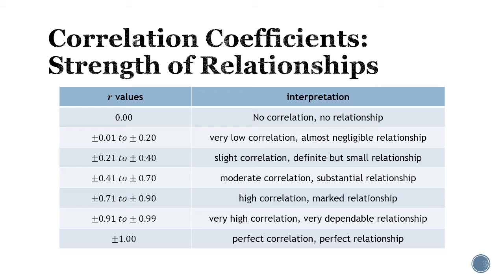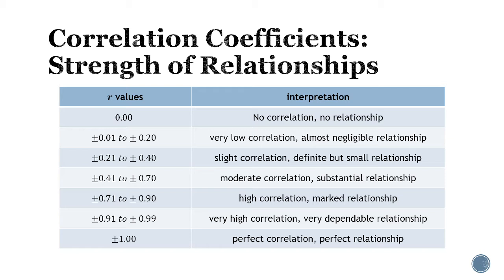From 0.21 to 0.40, you have a slight correlation, a definite but small relationship. From 0.41 to 0.70 is a moderate relationship, and from 0.71 to 0.90 is a high correlation. From 0.91 to 0.99 is a very high correlation, or a very dependable relationship. And we have a perfect correlation if the value is equal to +1 or -1.